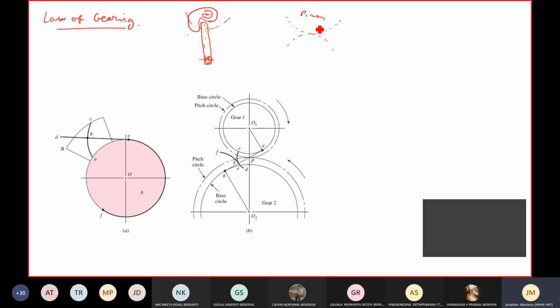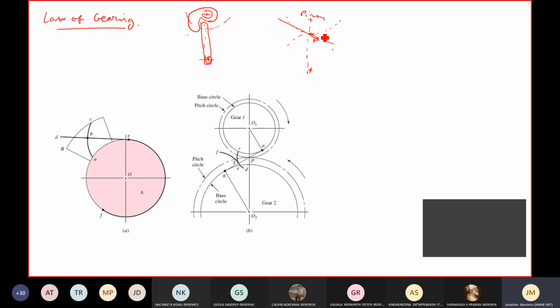If you draw a common normal, it must always pass through a fixed point that is called the pitch point on the line of centers. So there is something called a pitch point, and there should also be a common normal to the tooth profiles, and that is on the line of centers.